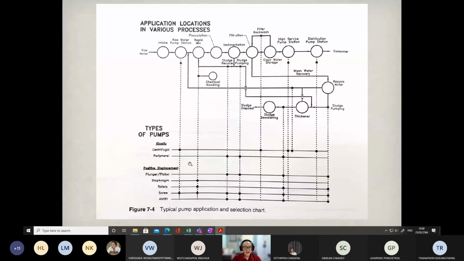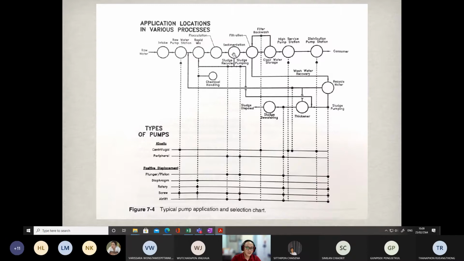For the pumps in water treatment plants, we use various types of pumps. This is probably the flow diagram of a water treatment plant. Raw water gets into the intake system, and then there is the raw water pumping station, and after that we have the rapid mixing tank to add alum to coagulate the colloidal particles, followed by the flocculation process.